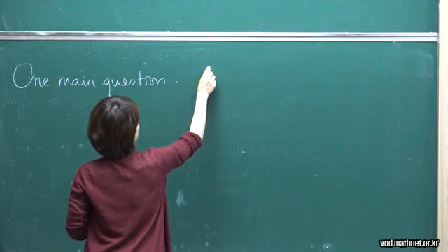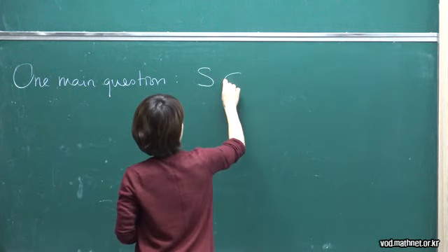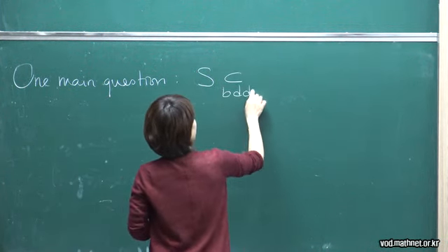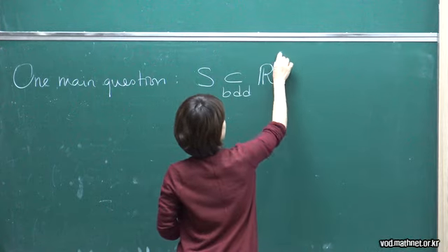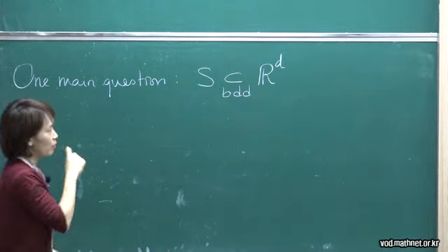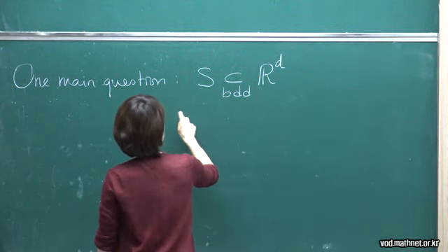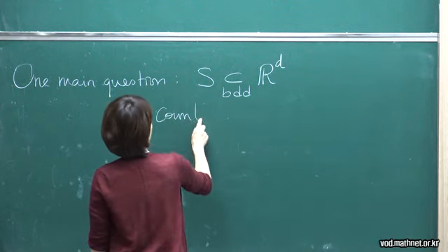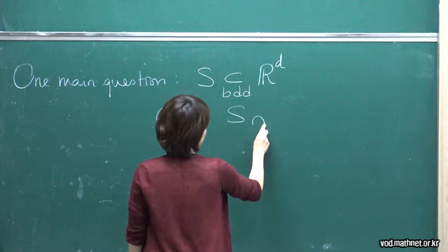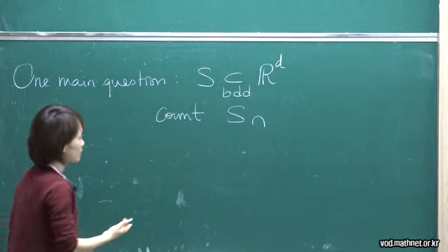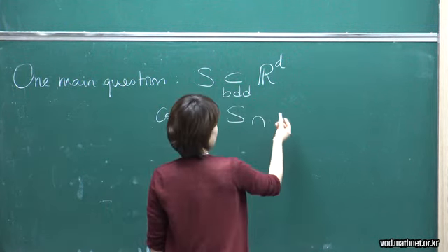Let's say that we have some S, a bounded set in the Euclidean space R^D, and what many people have looked at is to count the intersection of this given bounded set with some discrete set.